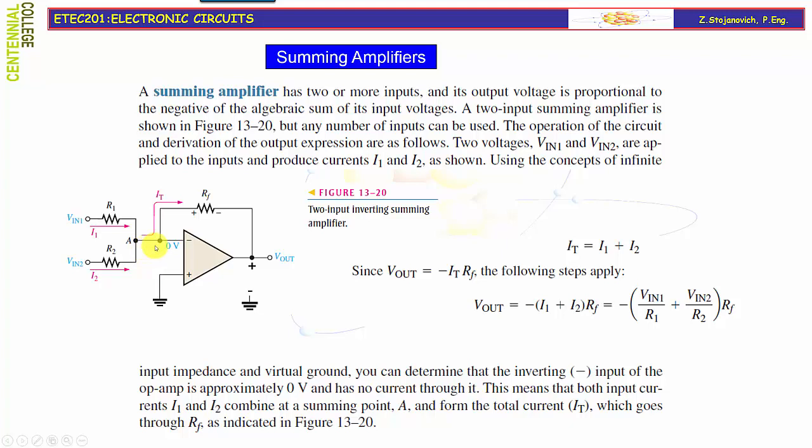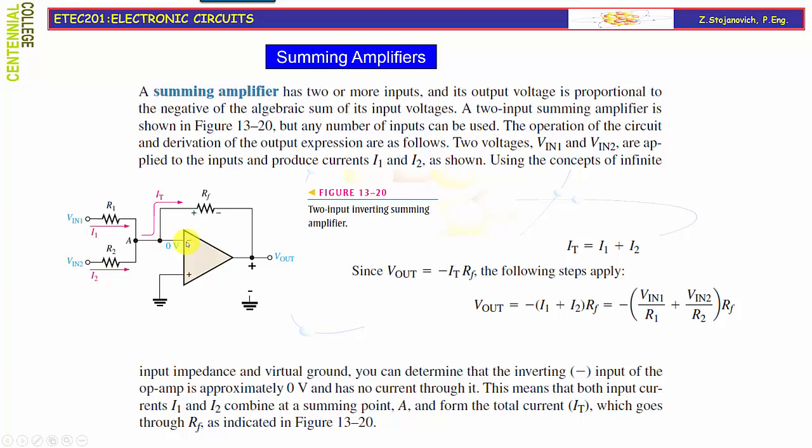We have a node A here, and if we apply Kirchhoff current law to this node, the sum of the currents, which are I1 and I2 that flow into this node, must be equal to the sum of the currents flowing out. One of the currents flowing out is IT, another one is the current flowing into the op-amp.